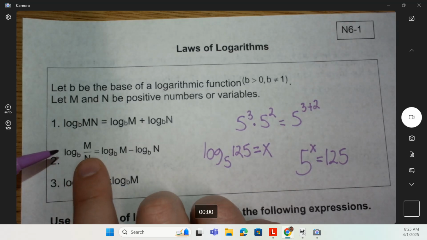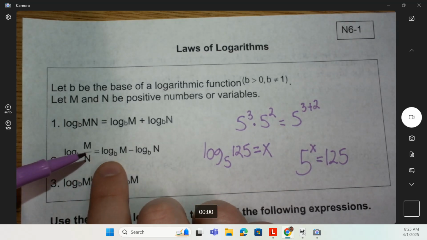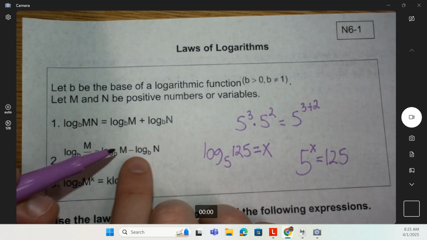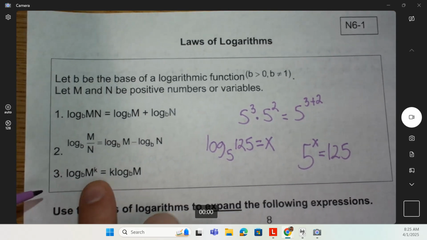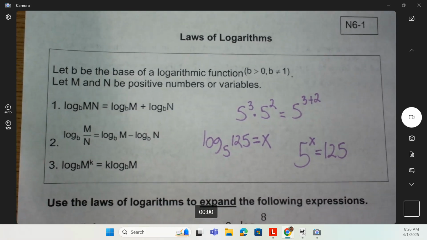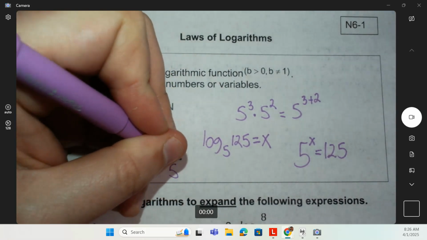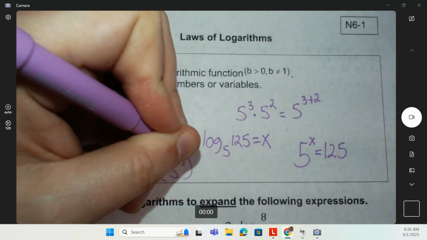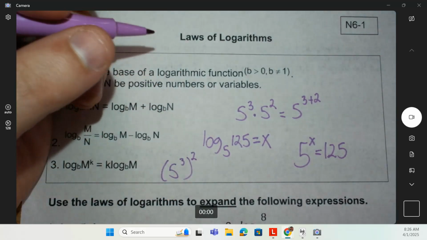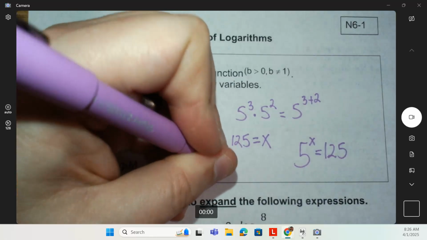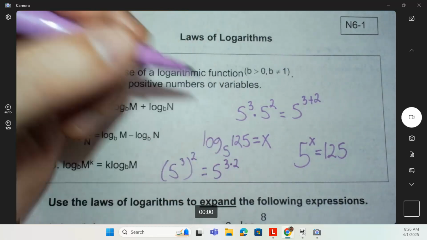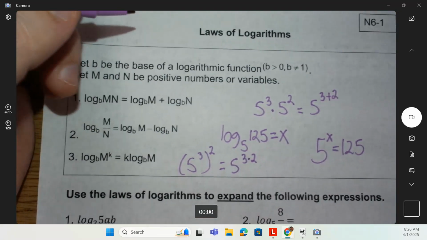So log base b of m over n would be the same as log base b of m minus log base b of n. And just like our power rules, if we had 5 to the third power to the second power, then what I'm really doing is multiplying 5 to the 3 times 2 power to get 6.